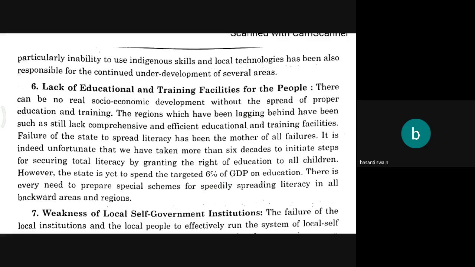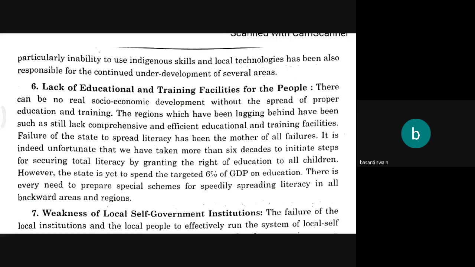However, the state is yet to reach the targeted 6% of GDP on education. There is every need to prepare special schemes for speedily spreading literacy in all backward areas and regions.